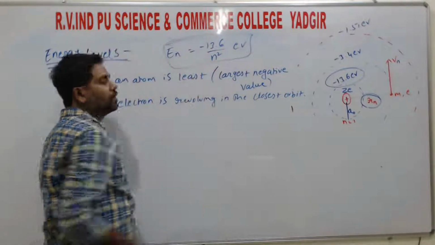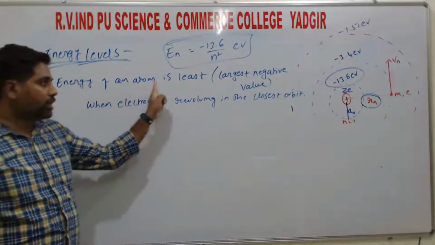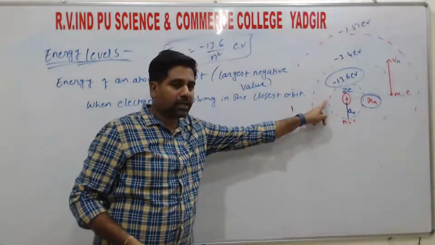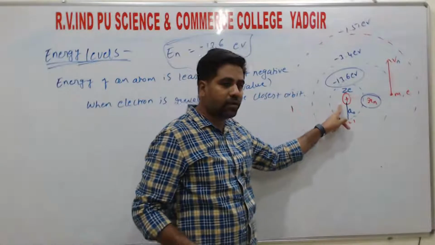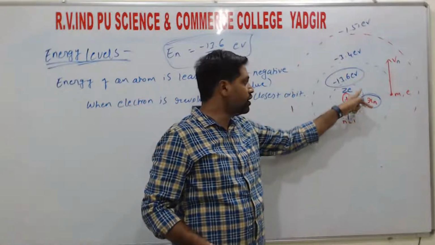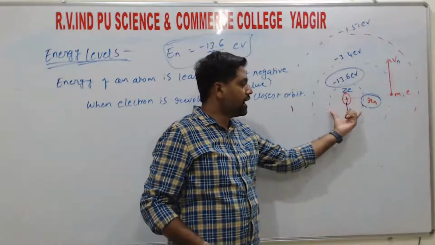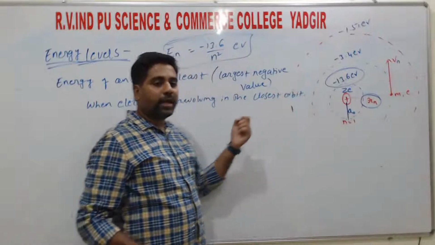From this relation, we can say the energy of an atom is least. Here is the nucleus. Closer to the nucleus, in that orbit, if the electron is revolving, the energy of that atom is very less.